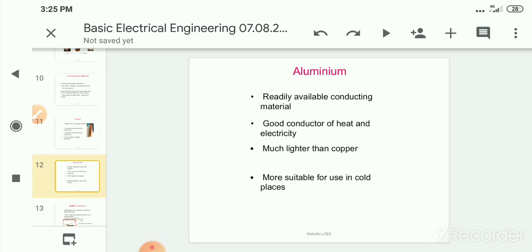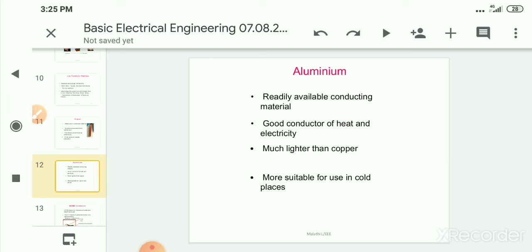The current carrying capacity is 70% that of copper and its weight is 1/3 that of copper.